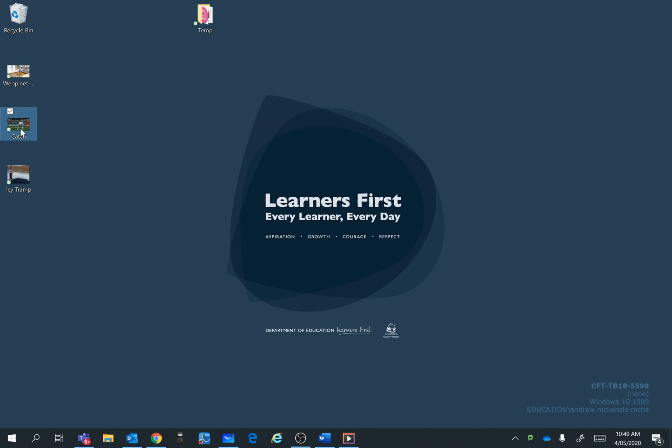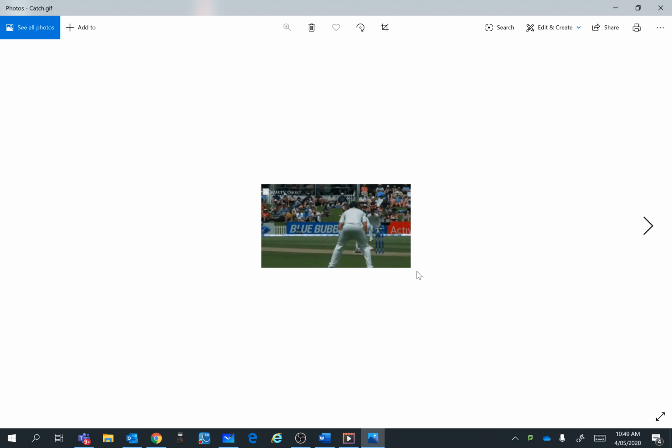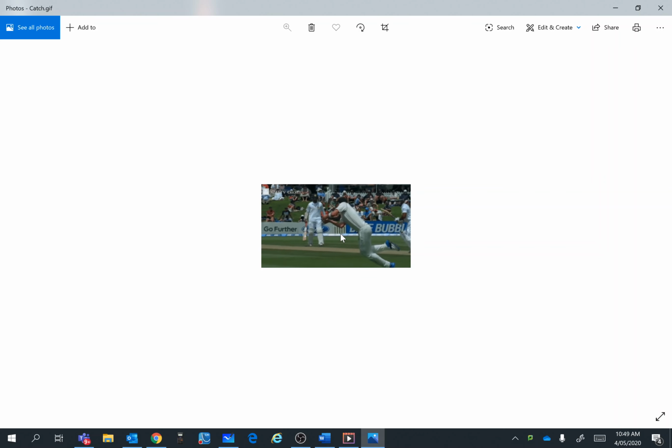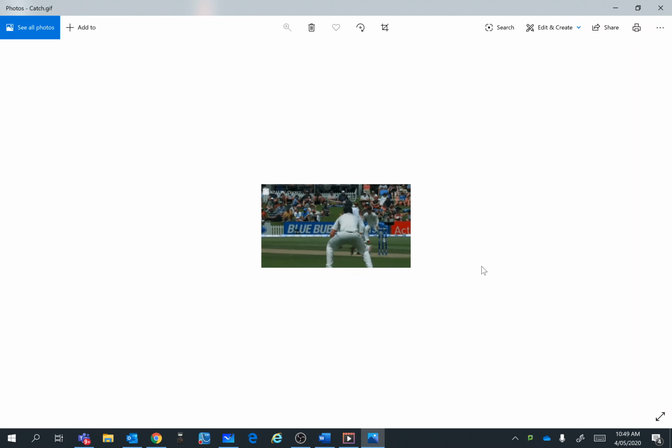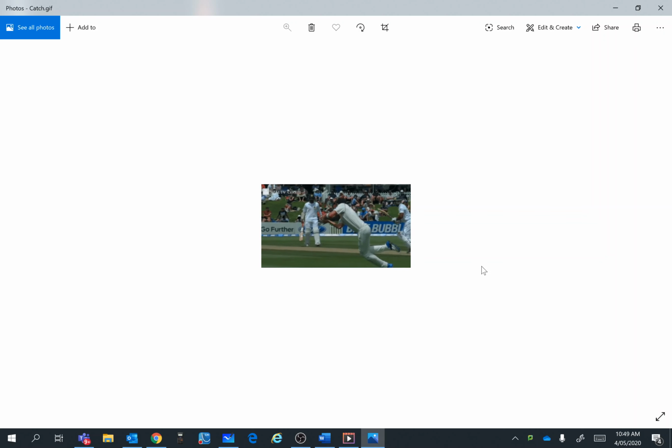Here's a person catching a ball without gloves. Now you can see here that as the ball enters their hands, they move their hands backwards slightly with the ball to take the impact of the ball. So they have what we would call soft hands.